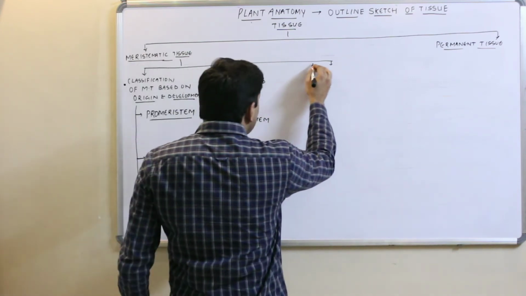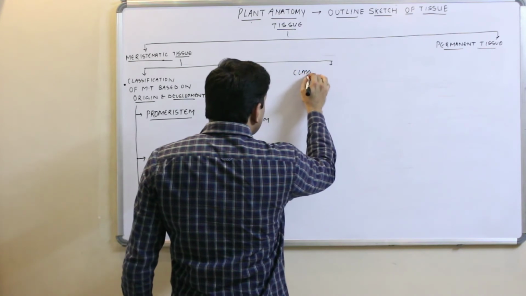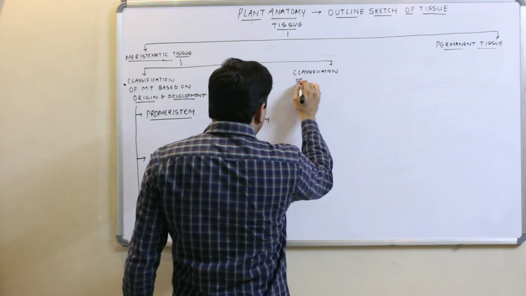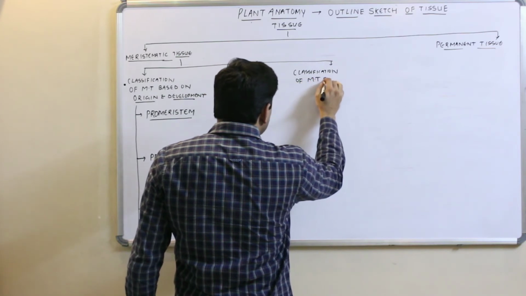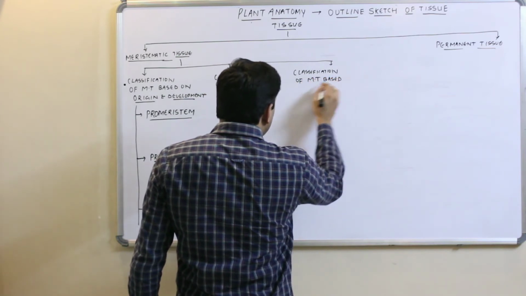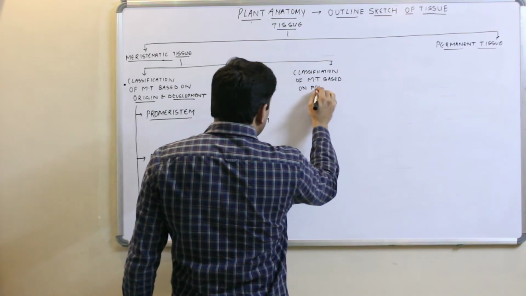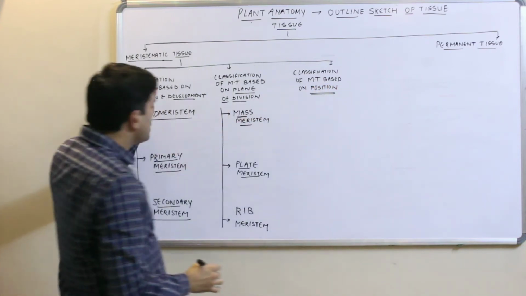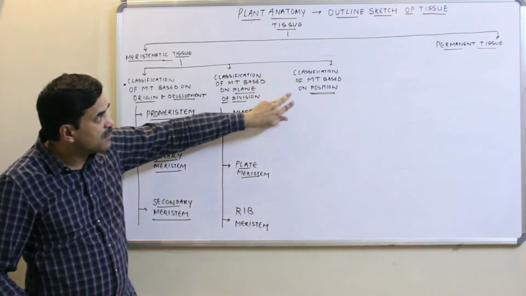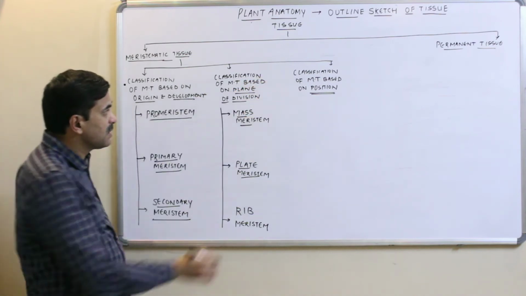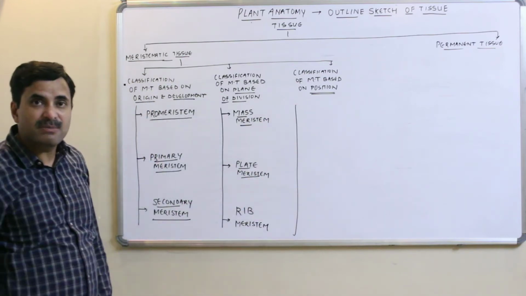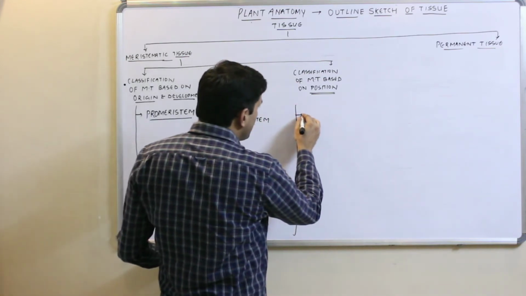Now this classification you have heard in class 9th also. Classification of meristematic tissue based on position. Based on position, again the meristematic tissue is classified into three categories.